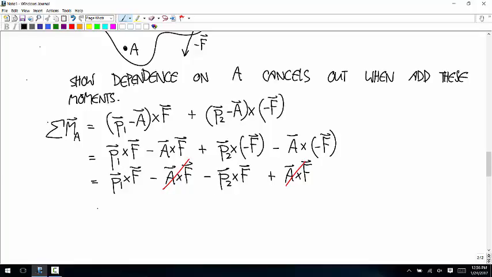You can regroup these and you come up with a final answer that says P1 minus P2 quantity crossed with F. A disappeared.